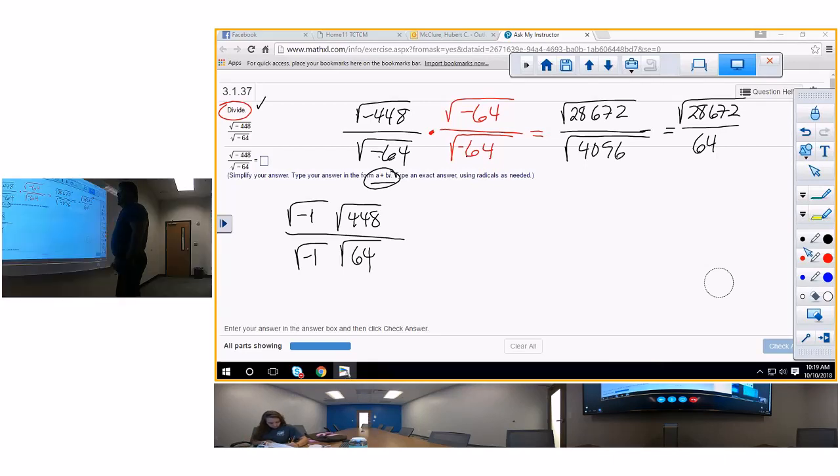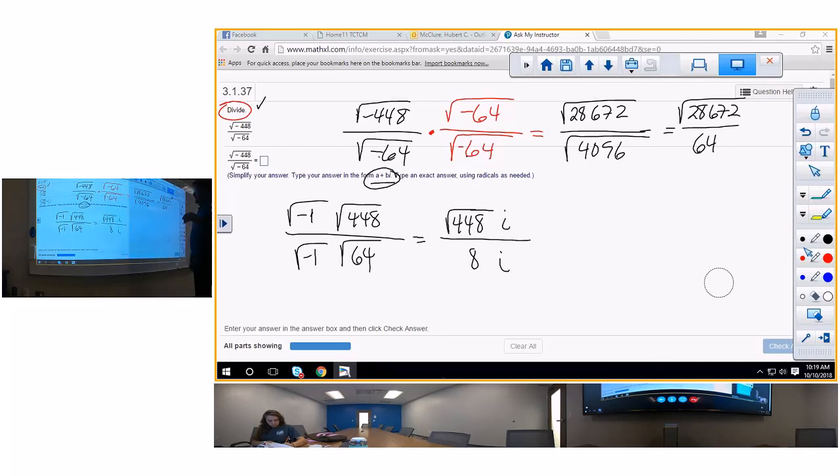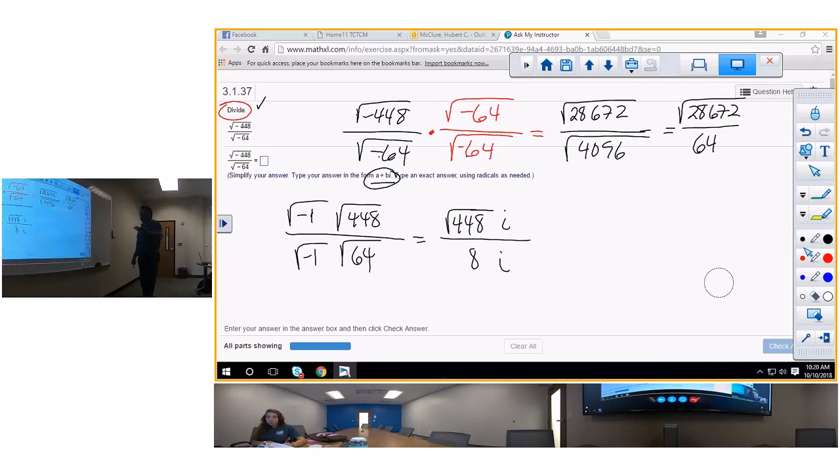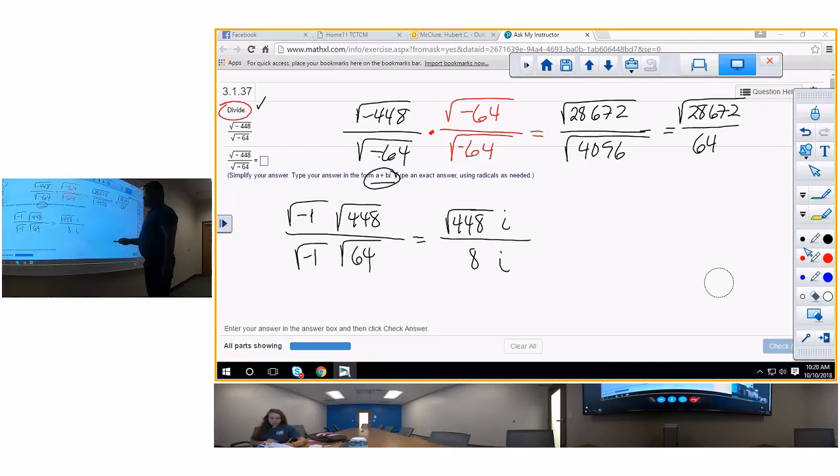Now, on the bottom, we're going to have square root of 448 i over 64 is 8i. And we've got a radical in the denominator, so I'm going to multiply by i over i. This is a weird question. So I'm going to multiply by i over i.